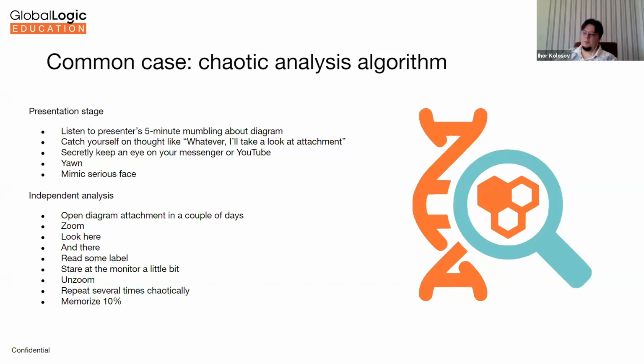You try to read some labels, something distracts you, you are distracted by, I don't know, your cat, your dog, your wife, your children. It's not so effective at this moment already. And you don't have any approach here, right? You repeat this chaotically several times, and as a result, your memorization rate is relatively low.